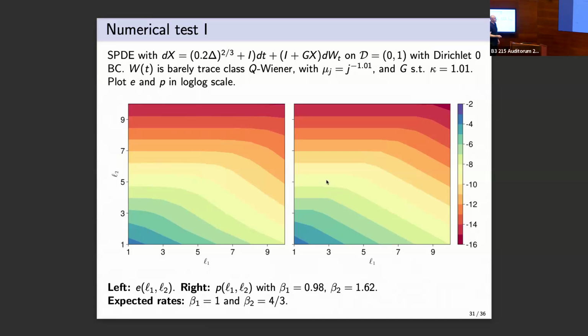And here on the right, this is a fitting to what you see on the left, and it aligns very well. The theory aligns very well with the numerical experiments. Our fitting gives approximately the right rates. So these are the theoretically expected rates, and these are the fitted rates.